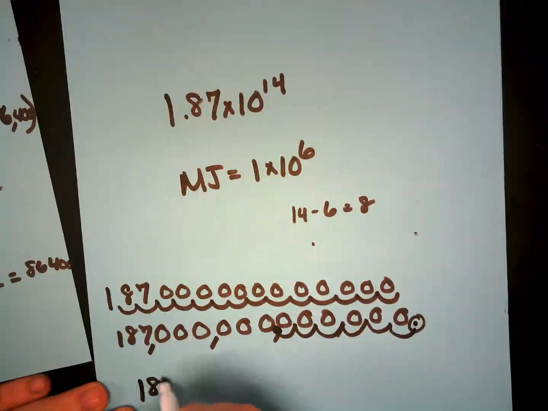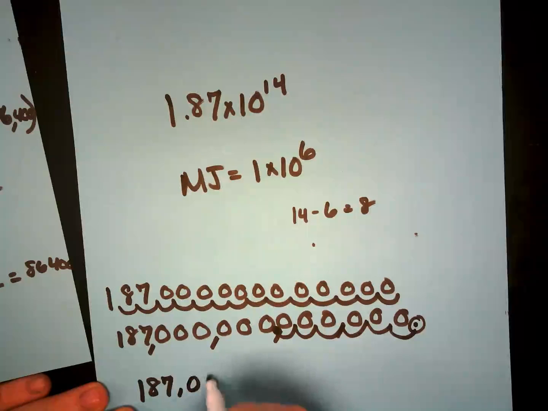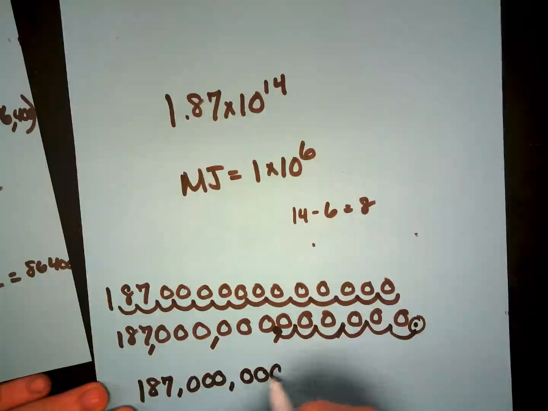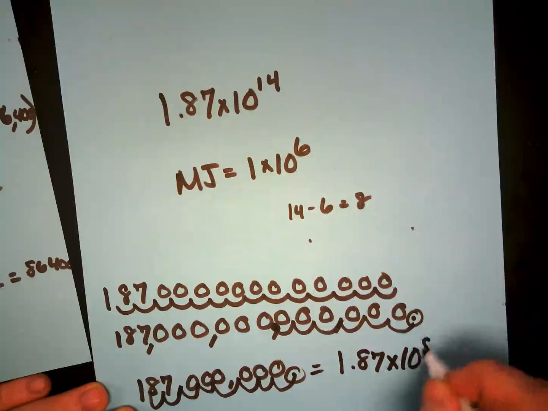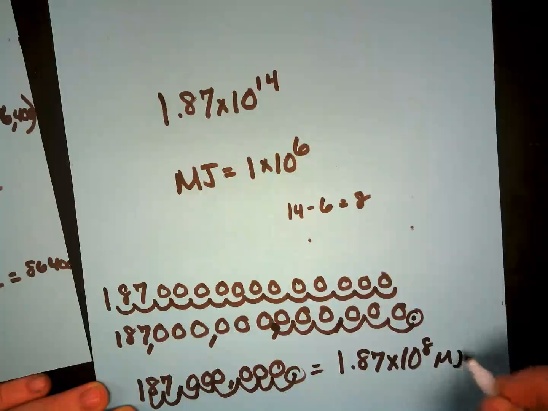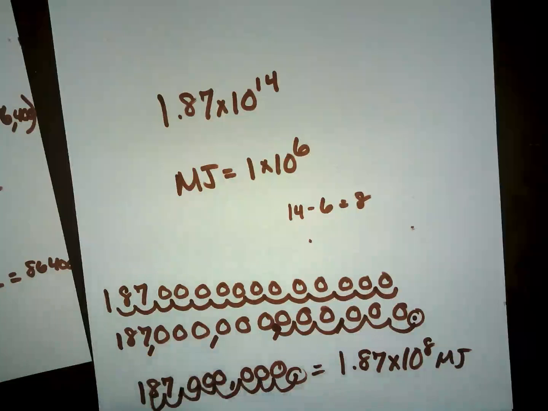So then if your decimal's right here, it'd be 1, 2, 3, 4, 5, 6, 7, 8, which would then be 1.87 times 10 to the 8th power, in this case, megajoules. Okay, which is a lot of energy.